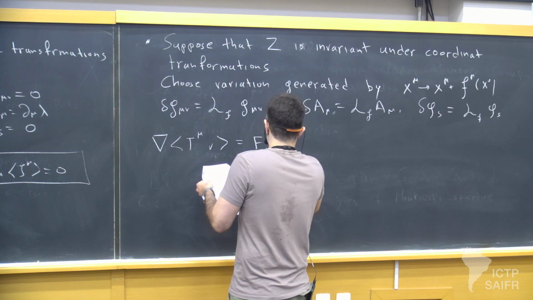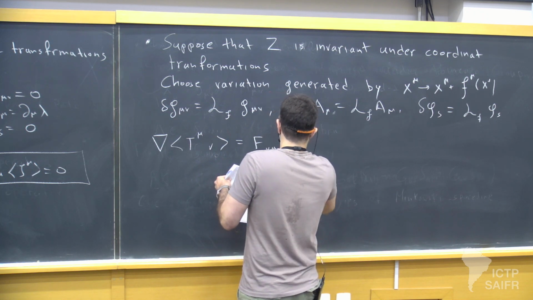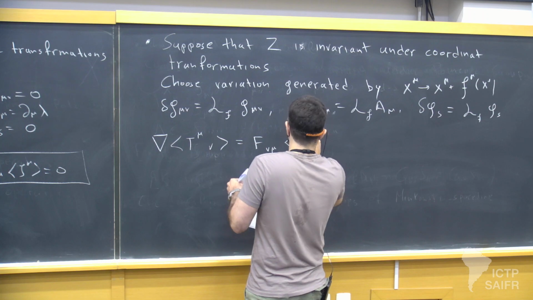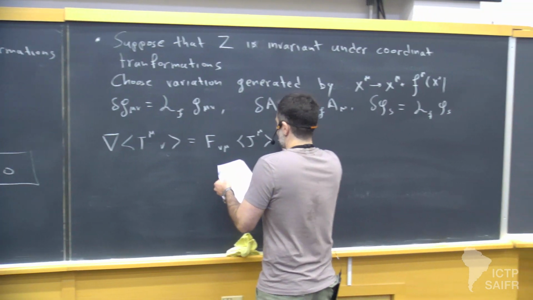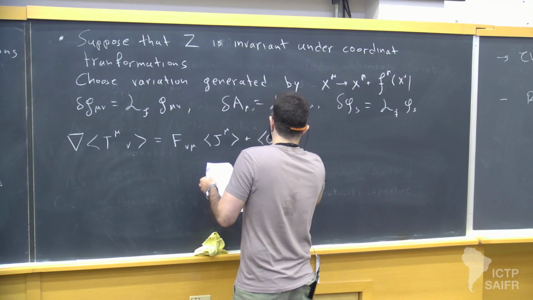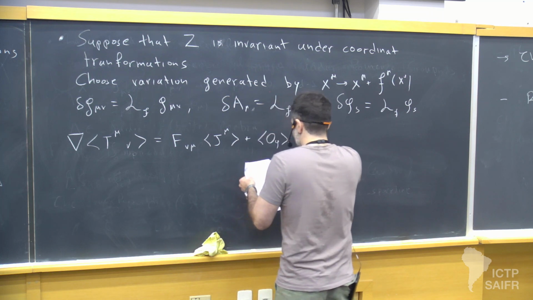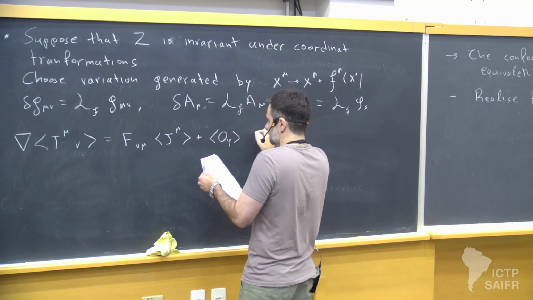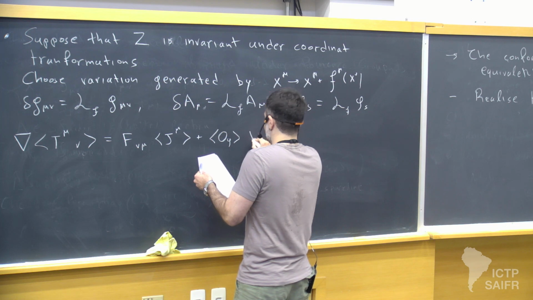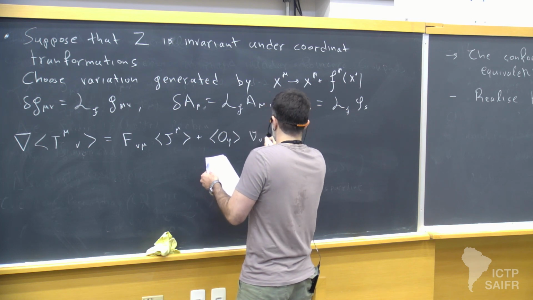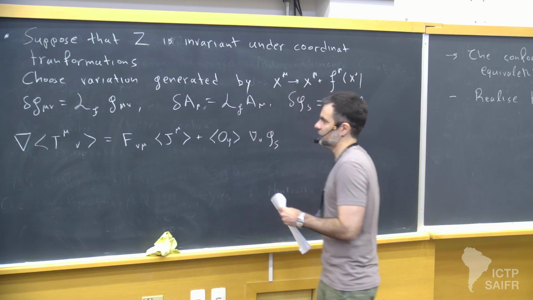And this F nu mu, or F mu nu, is the field strength of the external field A mu, and the last term involves the source phi s, okay?